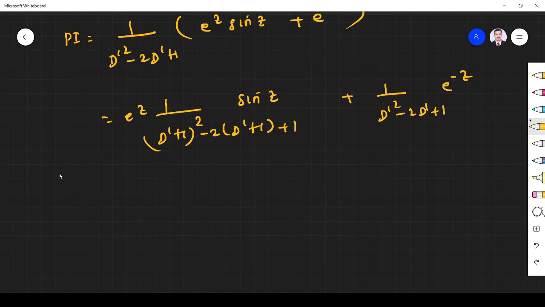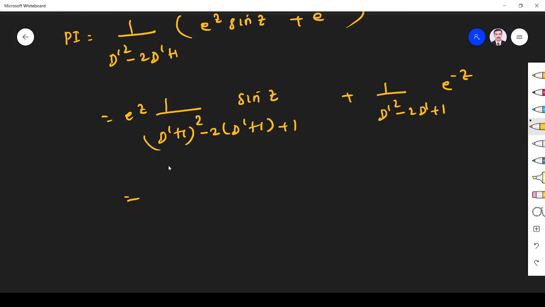Fine. So this will be type 2, e power z divided by, if you simplify all the things, what we get is 1 by D dash squared sine z. And here replace D dash by minus 1: minus 1 squared is 1, minus 2 into minus 1 is plus 2, plus 1.